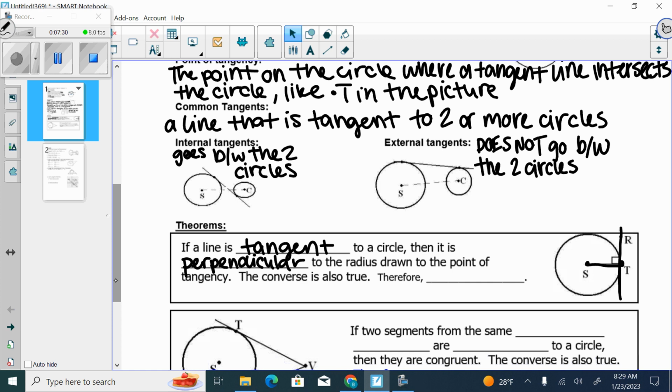So where those two lines intersect, we know it's going to be perpendicular. Therefore, ST, the radius here, is perpendicular to the tangent line RT at point T.